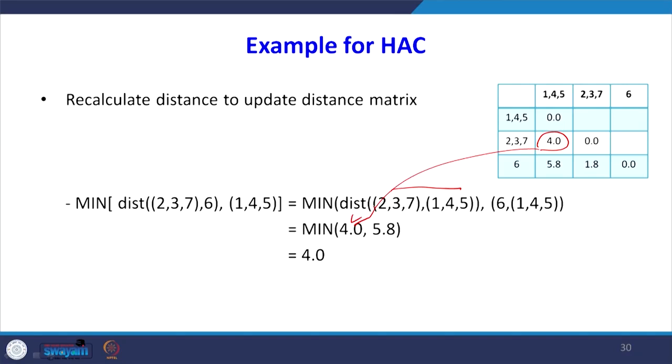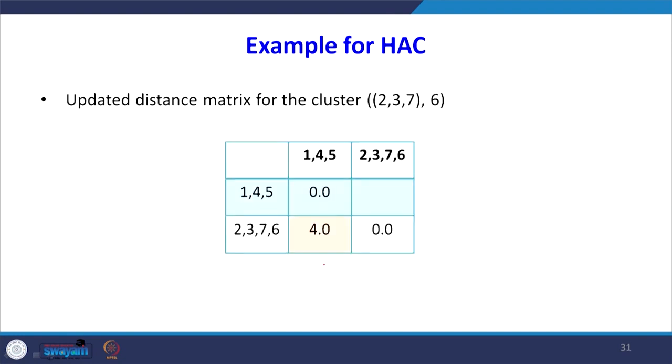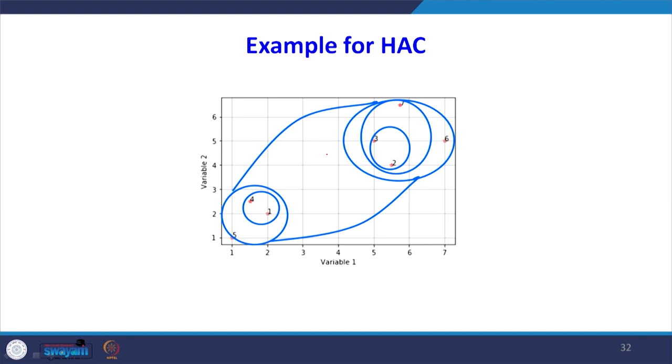The next one, 6 with 1, 4, 5, that is 5.8. So, in that the minimum distance is 4. This is our updated matrix. Now, the minimum value is 4. So, 2, 3, 7, 6 will join with 1, 4, 5. So, that is nothing but everything is joined together.